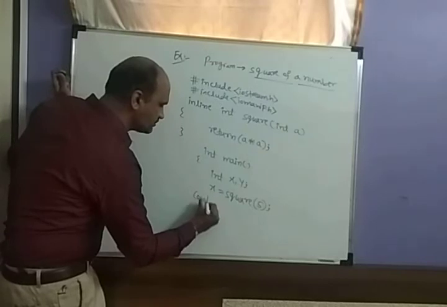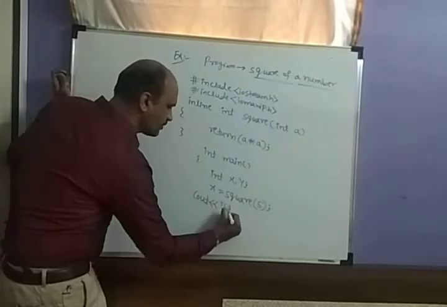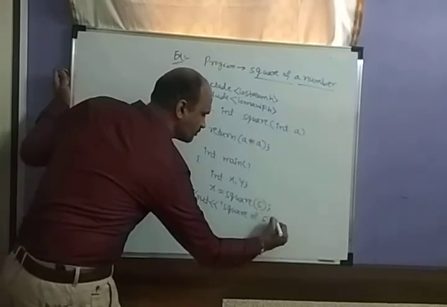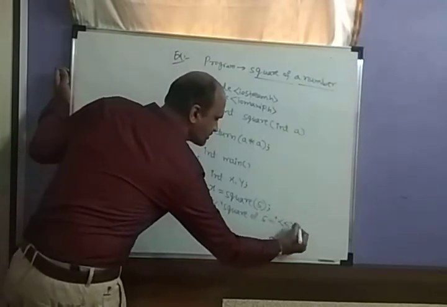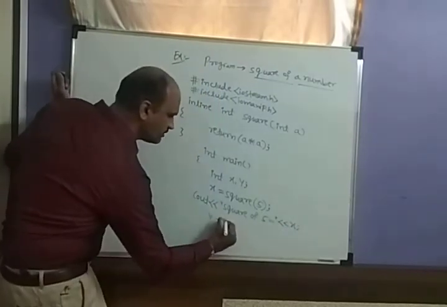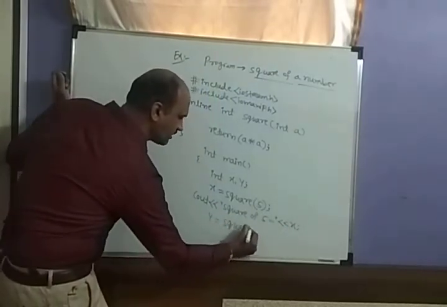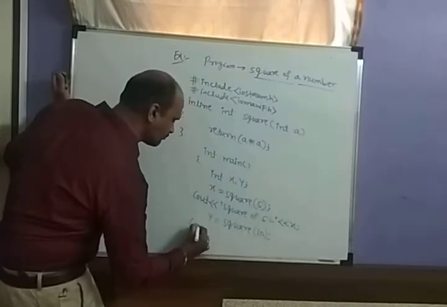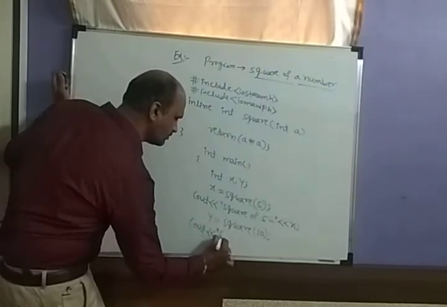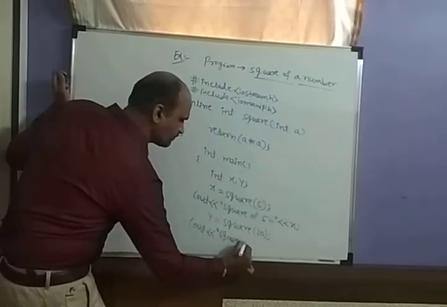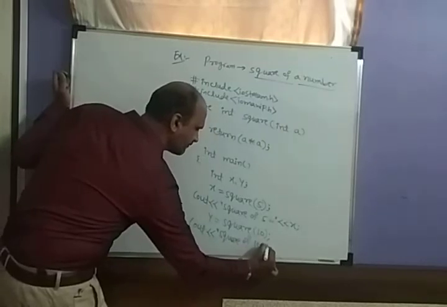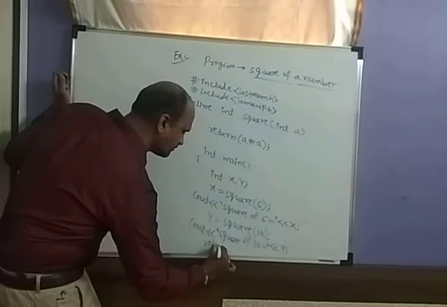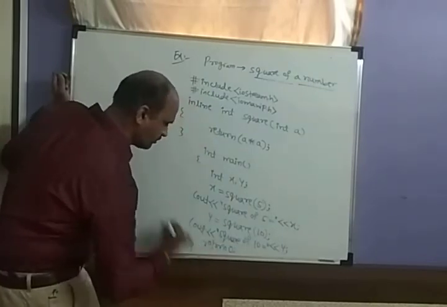Then print with cout: square of 5 is equal to x. Then we will have another one, y, equal to square of 10. Then print cout: square of 10 is y. Then return 0, close.